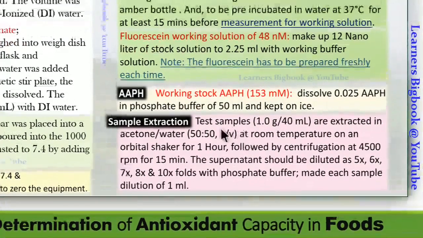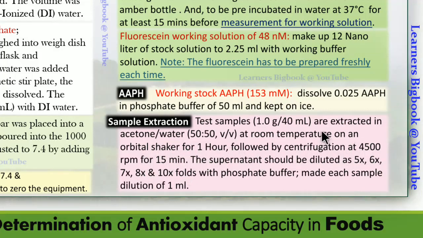Here further you are going to prepare the sample extraction. The test sample has to be 1 gram of the sample, which has to be extracted in 40 ml of an acetone-water mixture, 50:50 volume by volume, at room temperature on an orbital shaker for 1 hour, followed by centrifugation at 4500 rpm for 15 minutes.